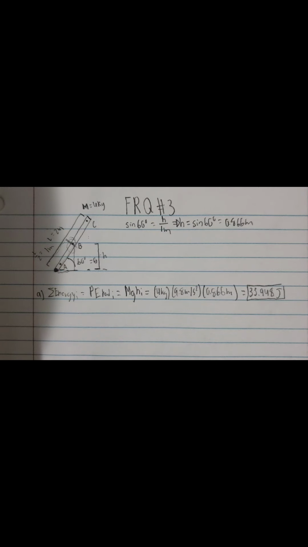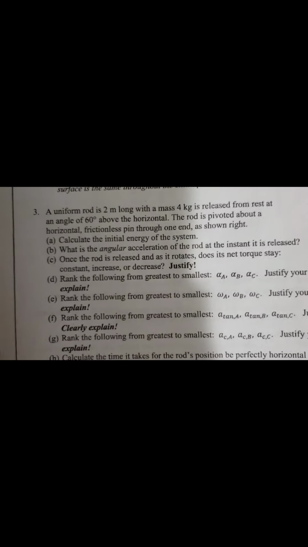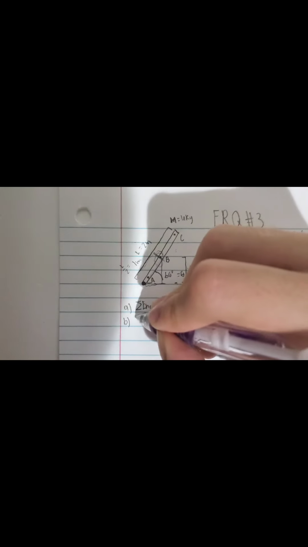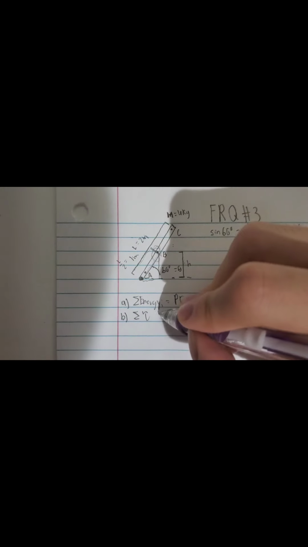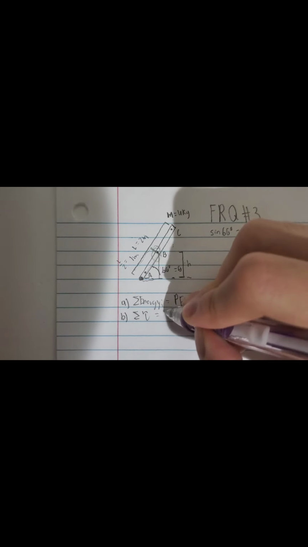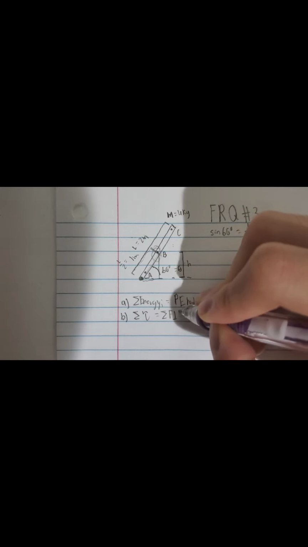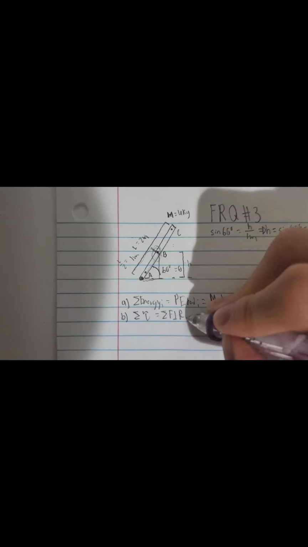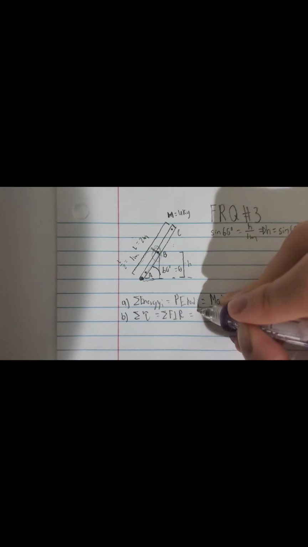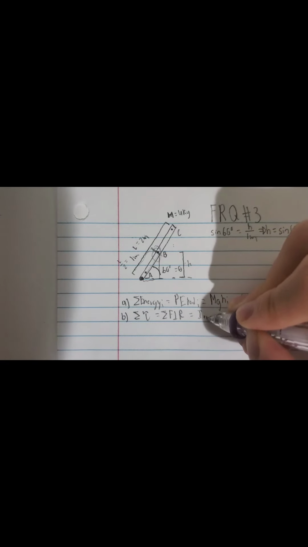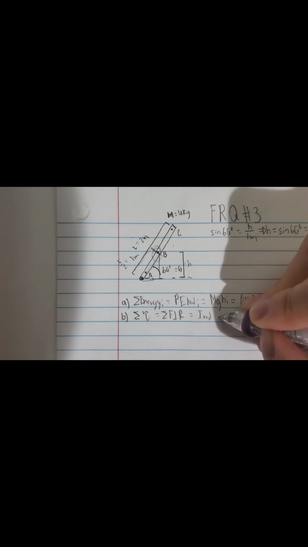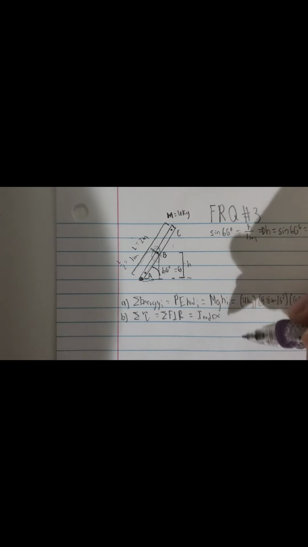Okay, now part B asks me what is the angular acceleration of the rod at the instant it is released. So to find angular acceleration, I'm going to need to use torque. I know that torque is equal to the total force that's perpendicular to the moment arm times R, and I also know that torque is equal to the moment of inertia of the rod times its angular acceleration alpha.